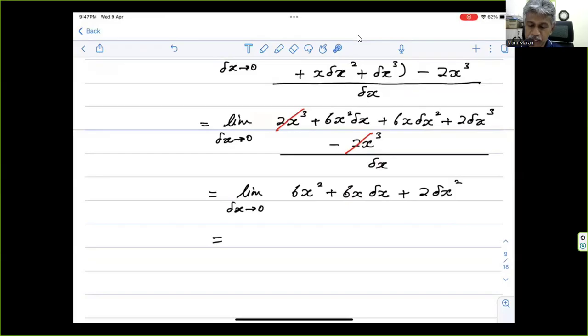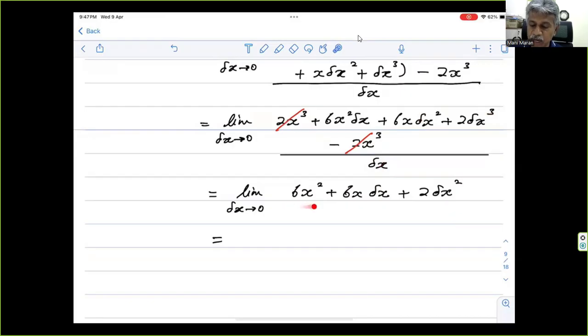So this part here, 6x squared delta x, this delta x cancels with the delta x at the bottom and gives you 6x squared. And then here 6x delta x squared, one of these can cancel with the bottom, now will give you only delta x. And then here you got delta x cubed, so divide by delta x will give you delta x squared.